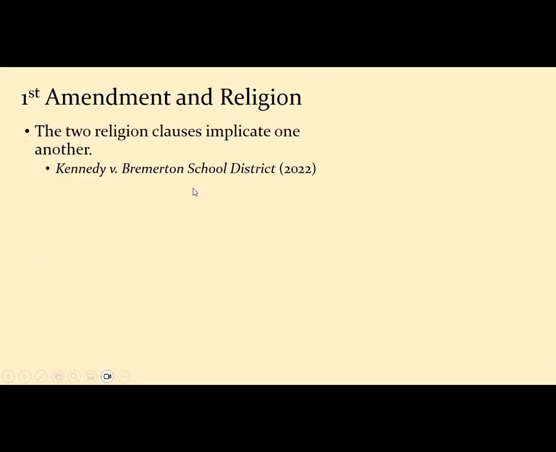And so in the end, the U.S. Supreme Court said simply allowing this coach of his own volition to go and pray on the field, not compelling, not coercing anybody else to join him, that was not a violation of the Establishment Clause. But when the school denied the coach the right to go and do this, they were interfering with his free exercise of religion.